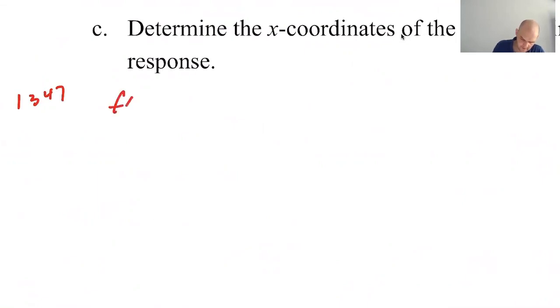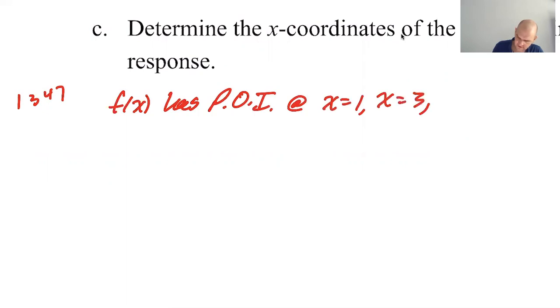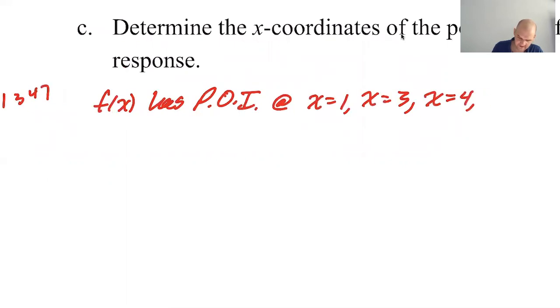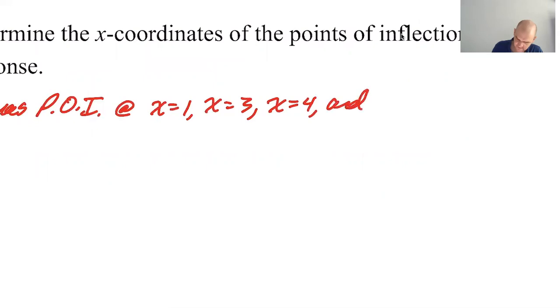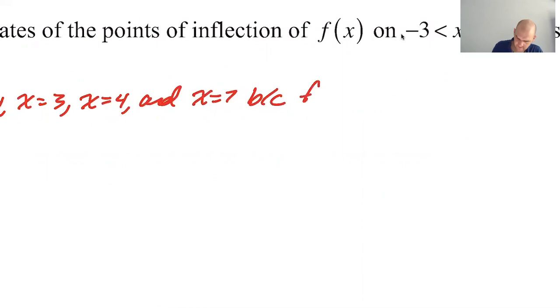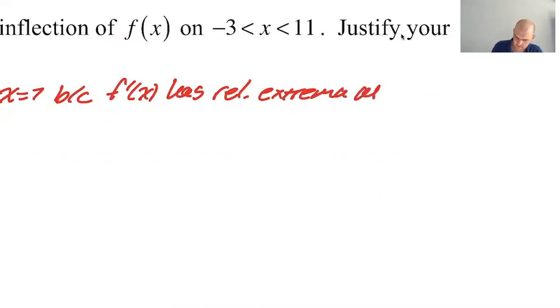So f of x has POI at x equals 1, x equals 3, x equals 4, and x equals 7, because f prime of x has relative extrema at those x values.